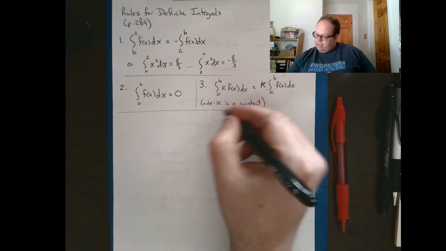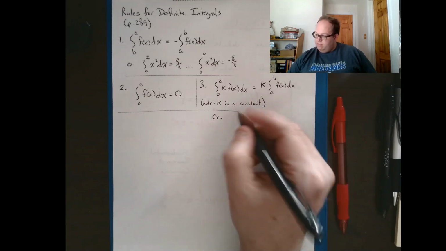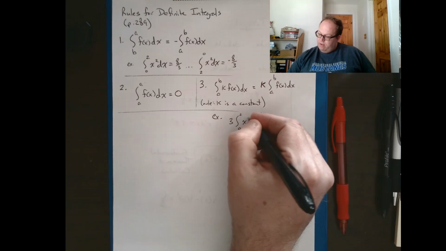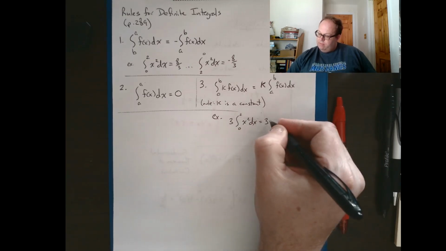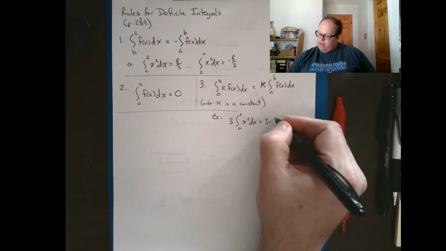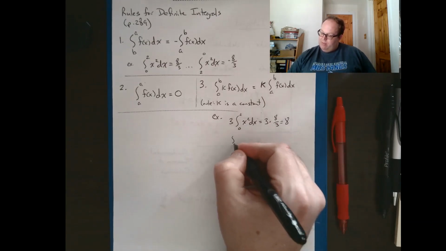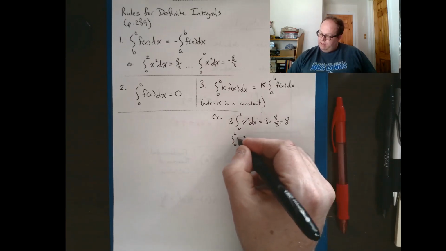From our earlier example, let's say I had 3 times the integral from 0 to 2 of x squared dx. This is going to end up being 3 times 8/3, or 8, but that would be exactly the same result as if I had brought the 3 inside the integral.